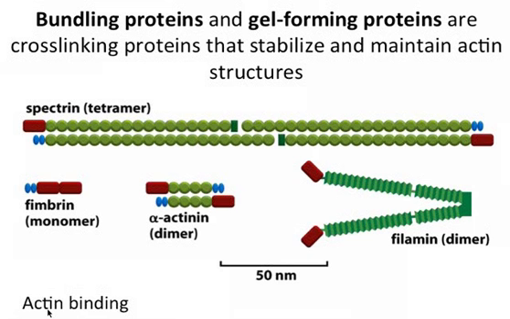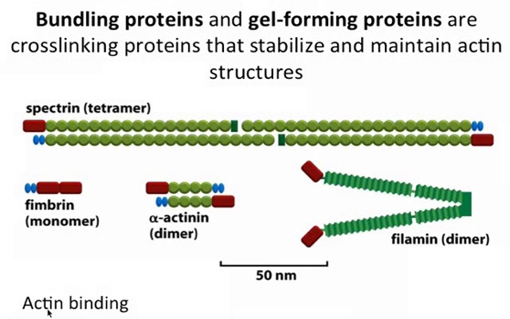Basically, they're binding to two different actin proteins and holding them together to create the structure that they need to be in. This is just an example of four different actin binding proteins, and the actin binding sites are in red. You can see that it's basically a tetramer where you're going to bind actin here and you're going to bind actin here.